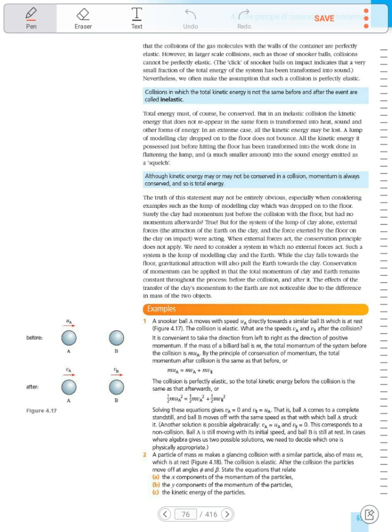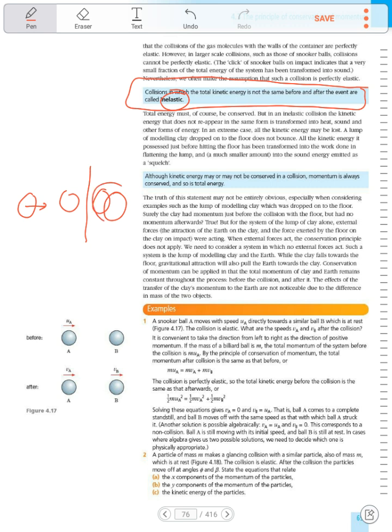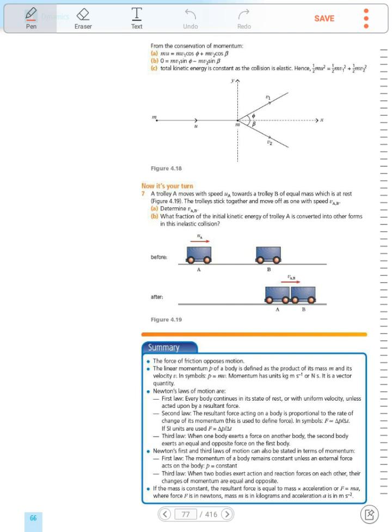Collisions in which the total kinetic energy is not the same before and after are called inelastic. Now, if I have object 1 moving here and the other object may be stationary, after collision, since they are not elastic, maybe they stick together and move together.